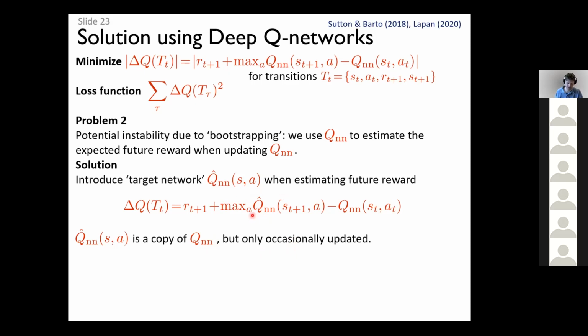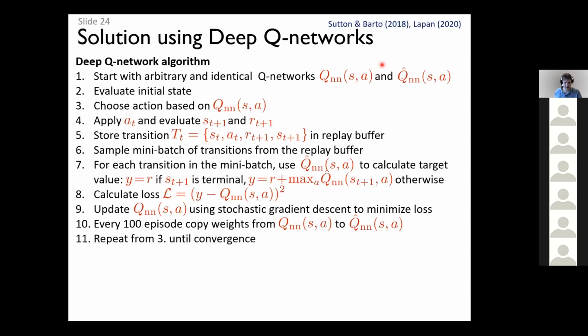So the Q hat we keep mainly constant, but then occasionally we copy the weights from the Q network to Q hat to update it. But we don't have the problem that the target network here is updated at the same time as the Q network. And then the algorithm is shown here. So it's essentially the same as the Q learning, but with these modifications. I will not go into the details because I'm running out of time.